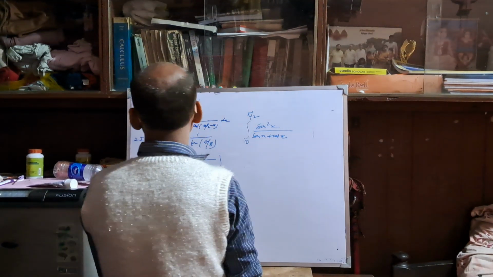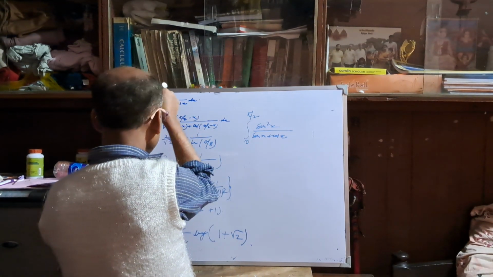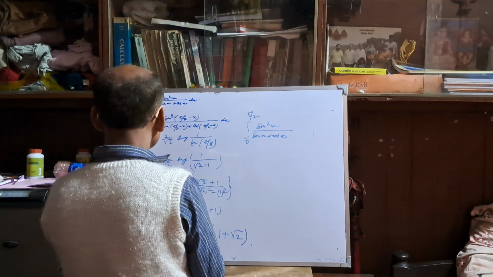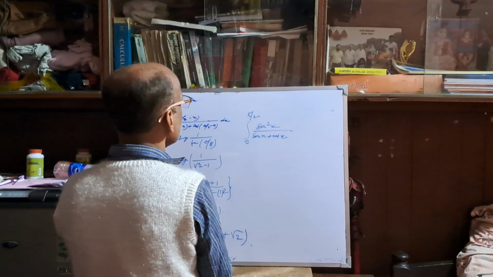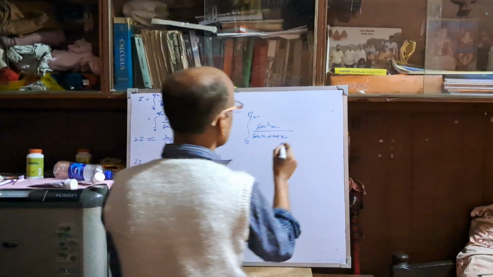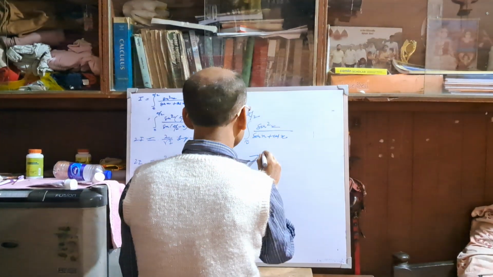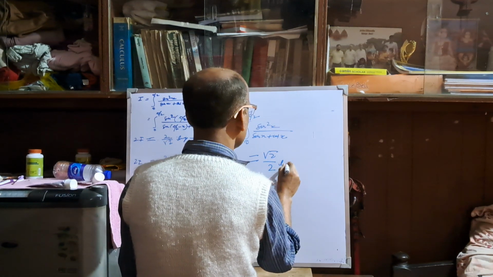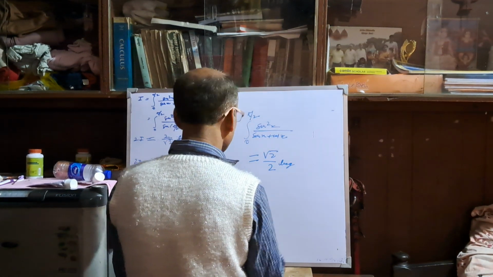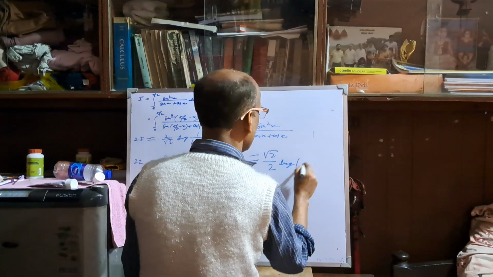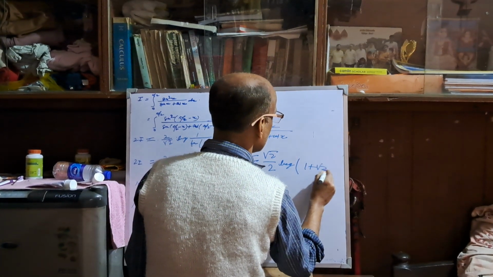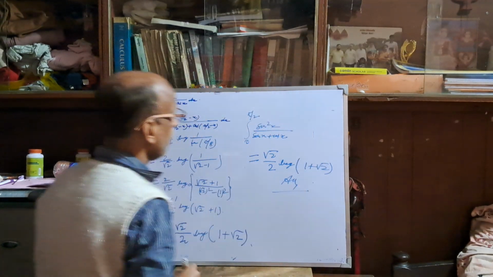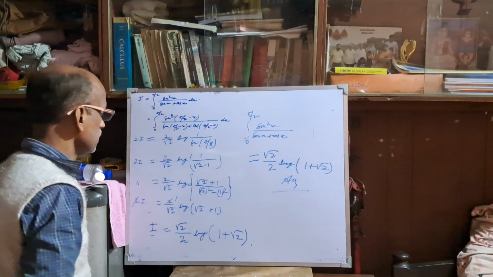As I considered I from the very beginning, we are not required to do anything here: I equals (√2/2) log(1 + √2). That's all. This is the final answer of this sum.